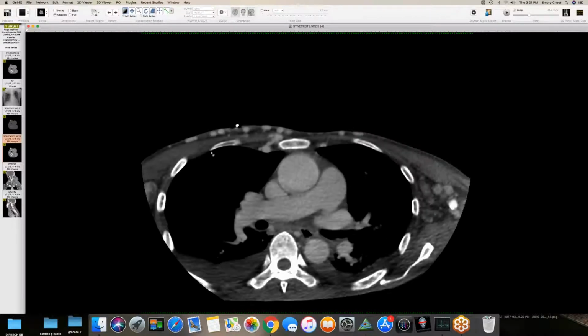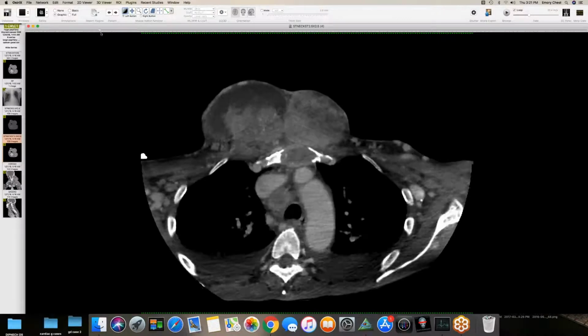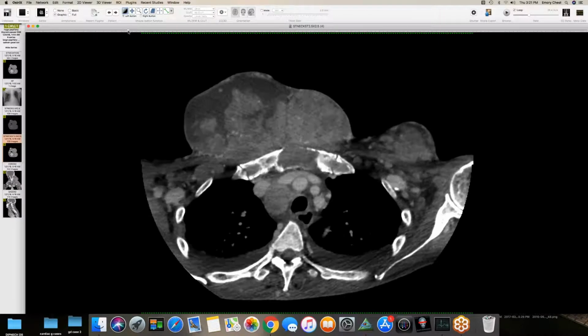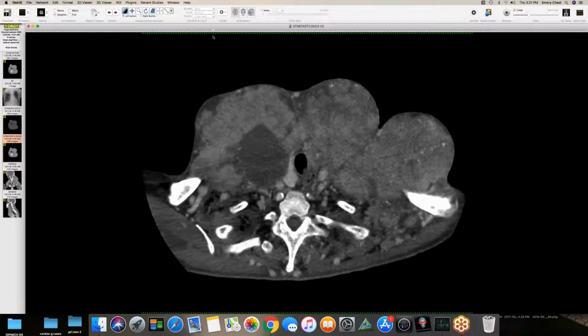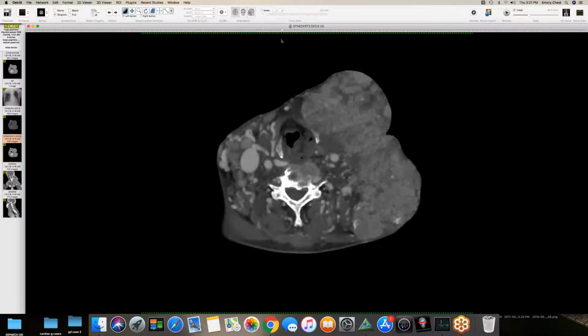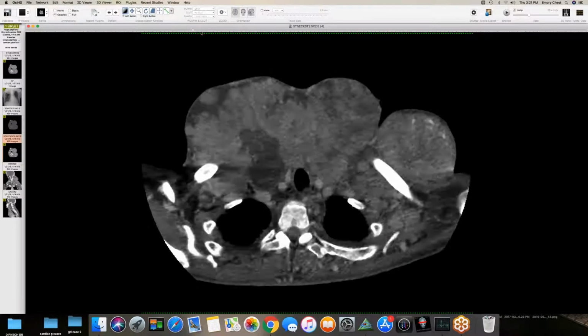You can already see there are a lot of dilated veins here in the anterior chest. Going up, you can see large heterogeneously enhancing soft tissue masses that are actually arising from the thyroid, and actually metastatic from the thyroid.